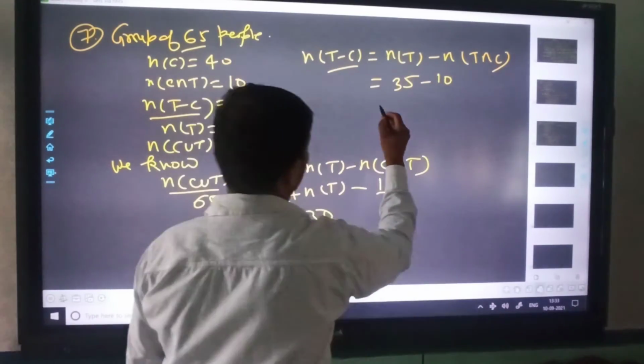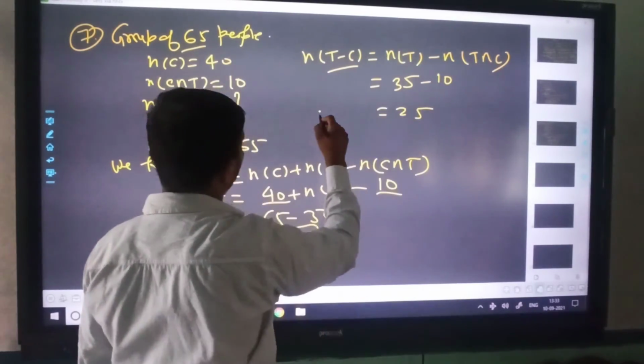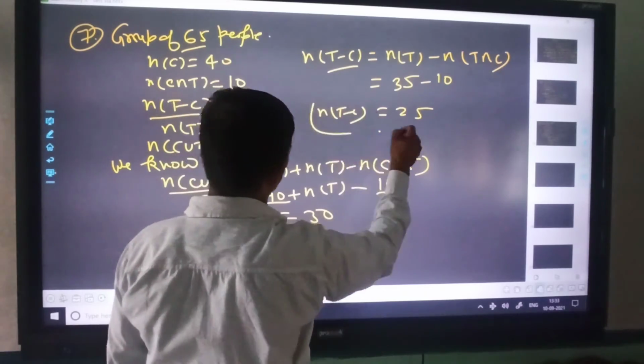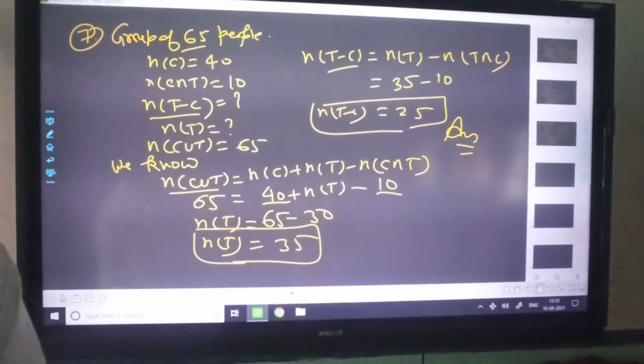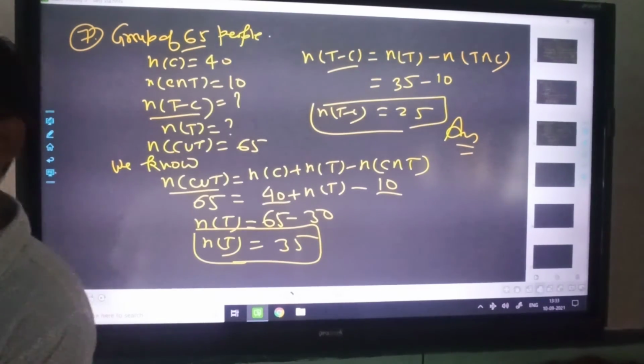So this gives us 25. n(T minus C) equals 25. This is the answer of this question. I think it is clear to you all, students.